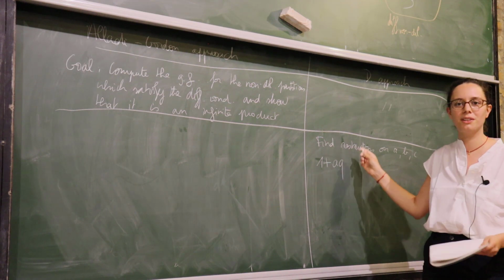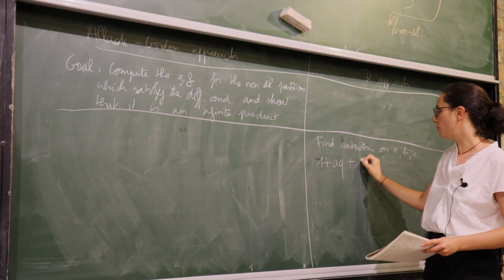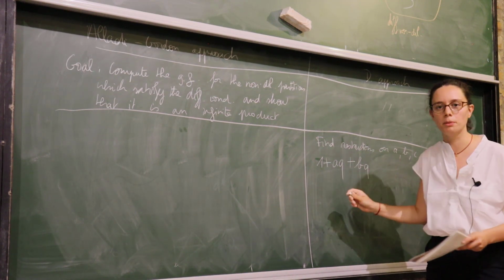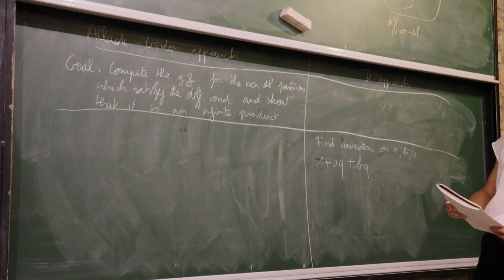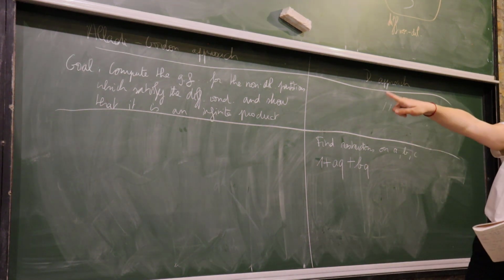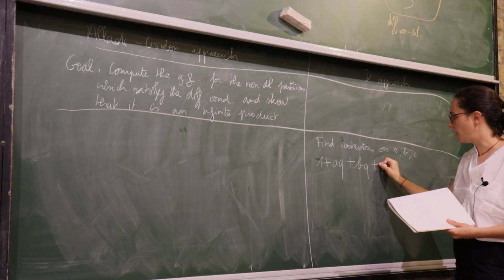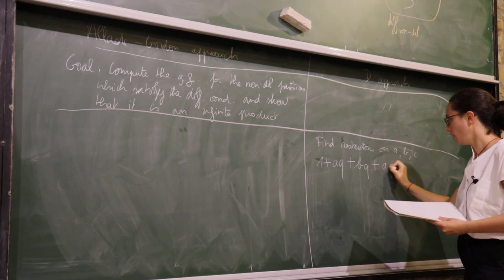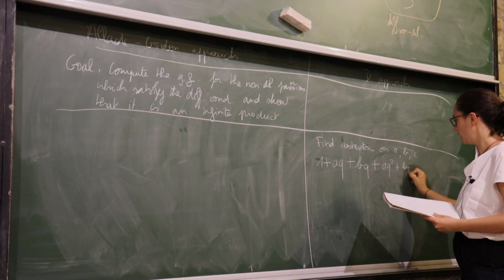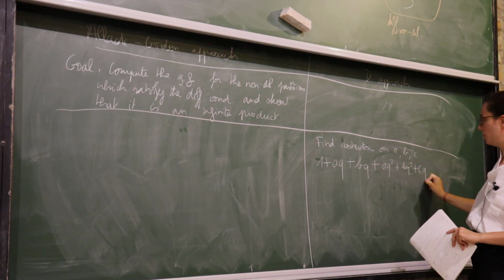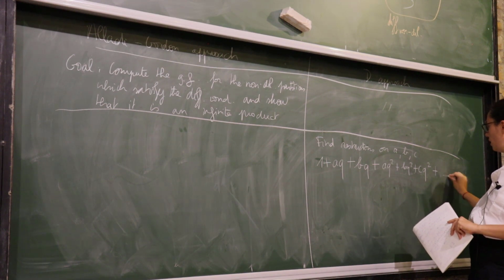We can have one part colored A or one part colored B. You don't have one C in the order initially, so I don't have anything with one C. Then you can have AQ squared, BQ squared, CQ squared, and some other things.